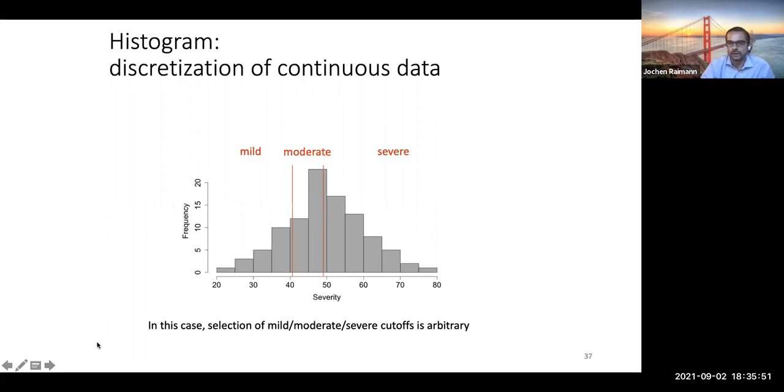So you can go and change these bin sizes until you finally come to bin sizes that do reflect a response that creates differences between these groups. So this is how they came up with mild, moderate, and severe. So they mapped out the data. They see a somewhat normal distribution with the bin sizes they chose first, and then they split it in equal parts. And that's how you define groups.